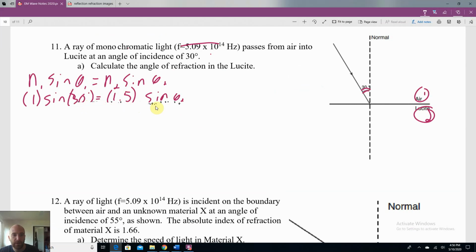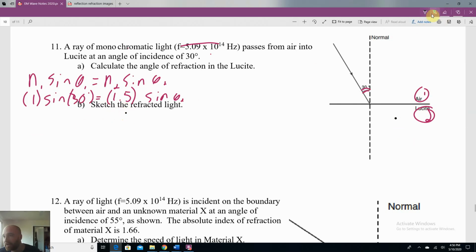Math-wise, here's what you have to do. We're solving for that theta 2. Before dividing both sides, I'm going to plug in 1 times sine of 30.